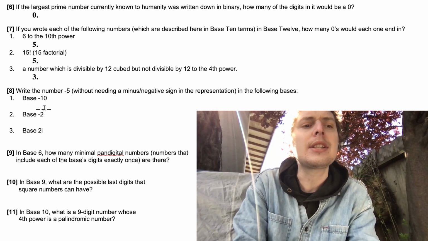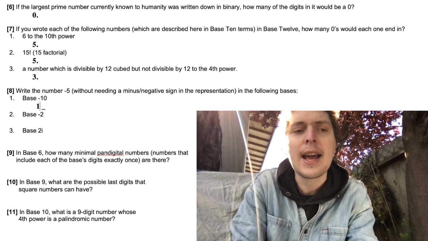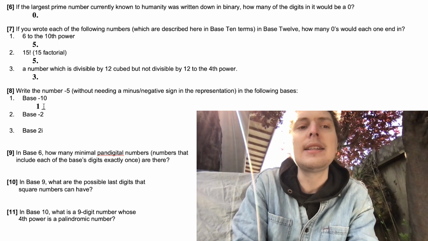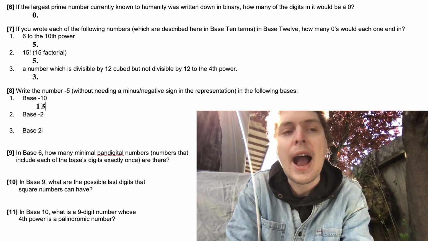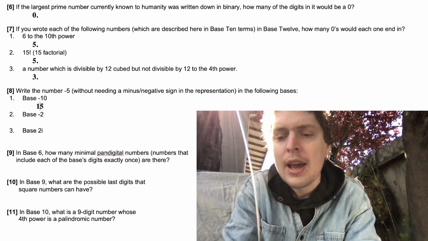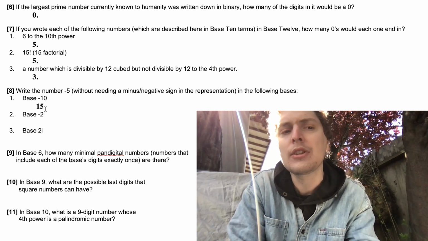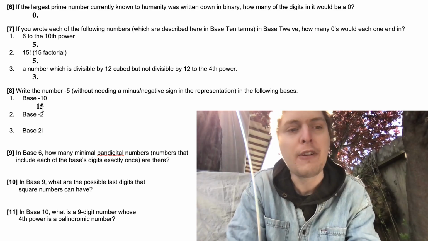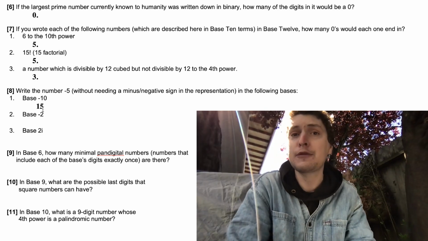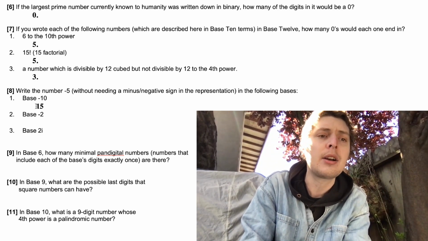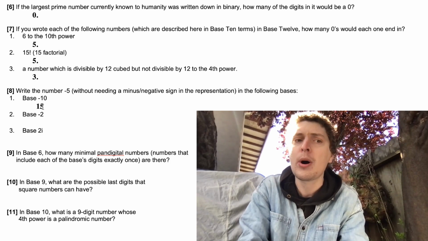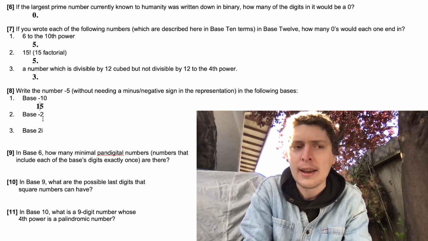So we're going to need to take one of the -10's, but then we're going to need to add back 5 of the 1's place. And by writing what looks like 15, but we'll call it 1, 5, in base -10, we're essentially adding 1 -10 and 5 1's, which gives me -5.